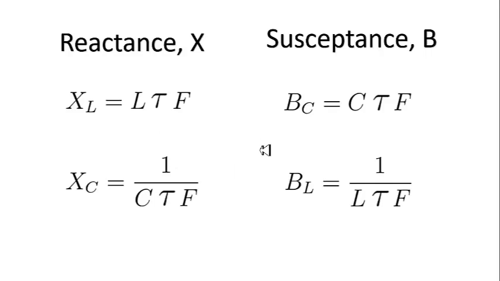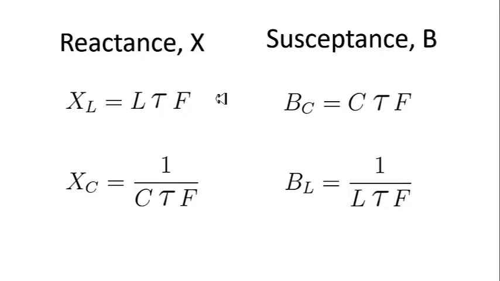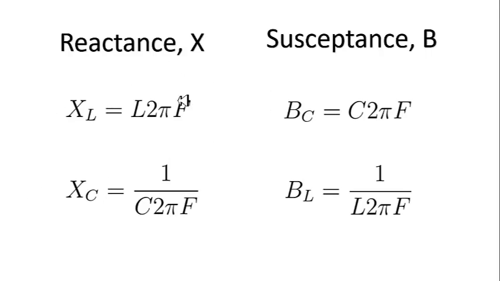But because I want to be able to talk to people that have studied this stuff that don't know what tau is, I'm going to continue to write 2 pi, even though I think it would be much prettier to write tau for 2 pi. Everyone knows what 2 pi is. When I see 2 pi f, I know I'm talking about angular frequency.